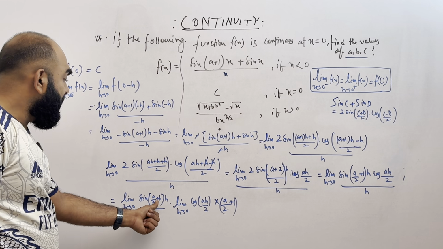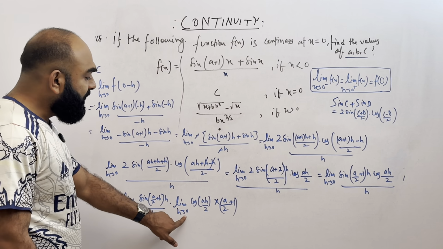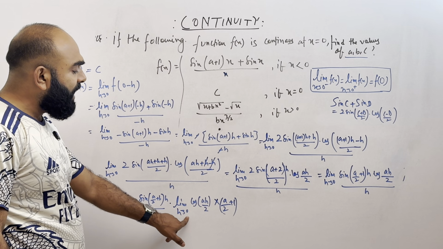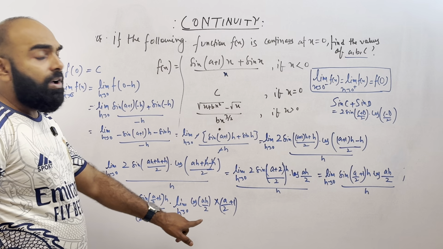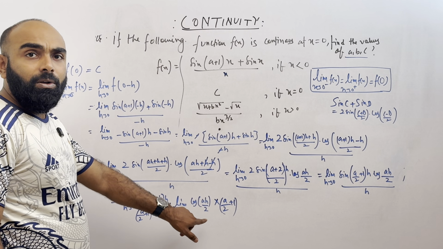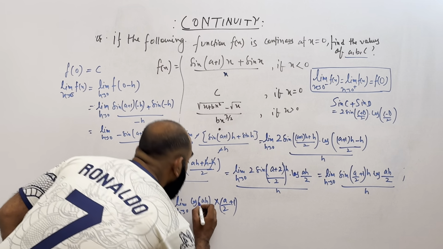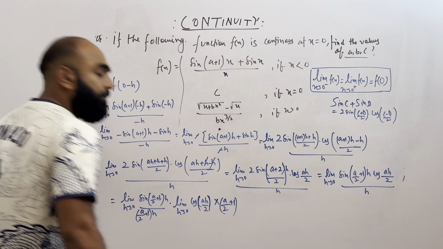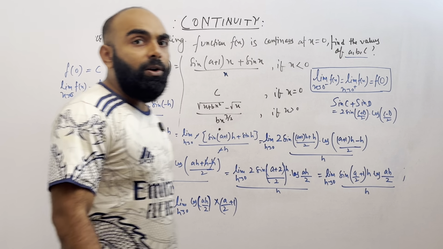Means sine dabba divided by dabba, when dabba tends to 0, the value is 1. For cos, simply keep the value, h tends to 0, so the whole part inside the cos becomes 0. The formula I have given is for sine and tan only.